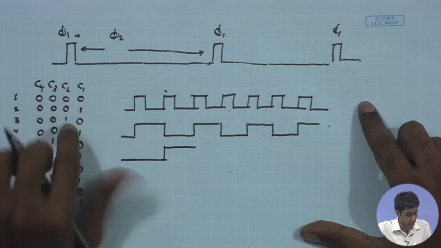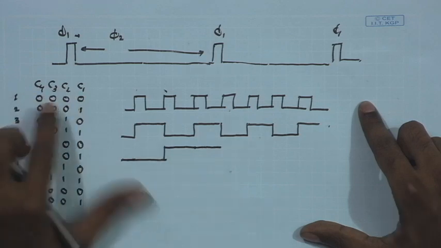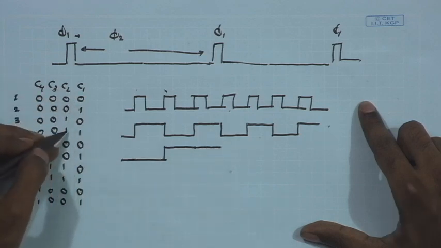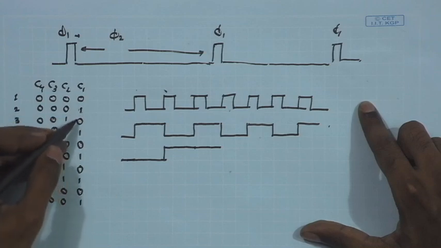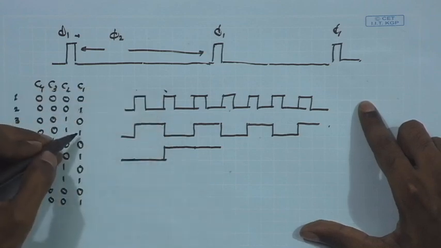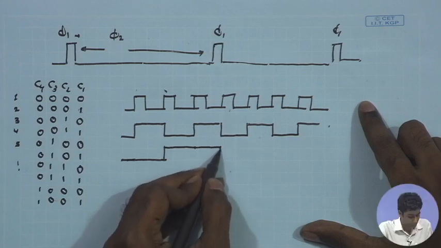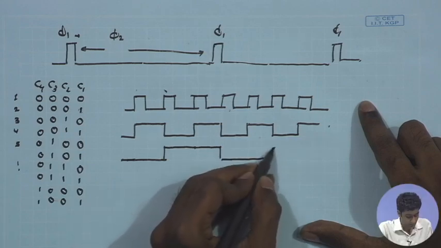Then once again at the next transition of C2, when C1 goes up and once again C1 goes down, we have the C2 waveform propagating.